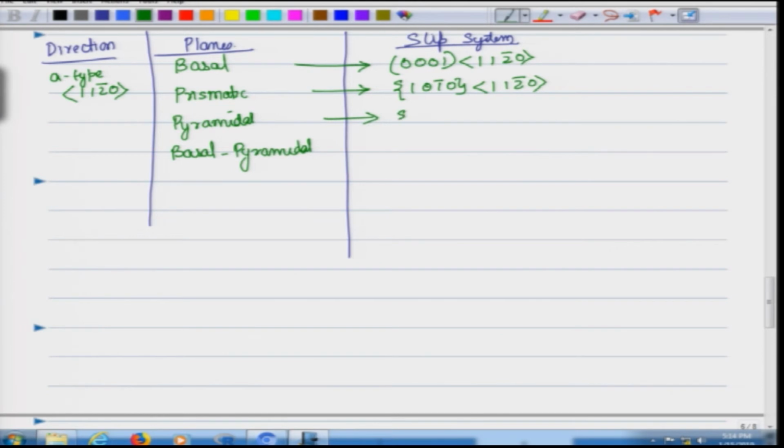For pyramidal the direction is 1 0 bar 1 1 and the direction remains the same, because we are talking only about the A type of Burgers vector right now. And you can see that there is a certain type of progression, and that would be much more clear when we look at, again, the different planes that are being described over here.